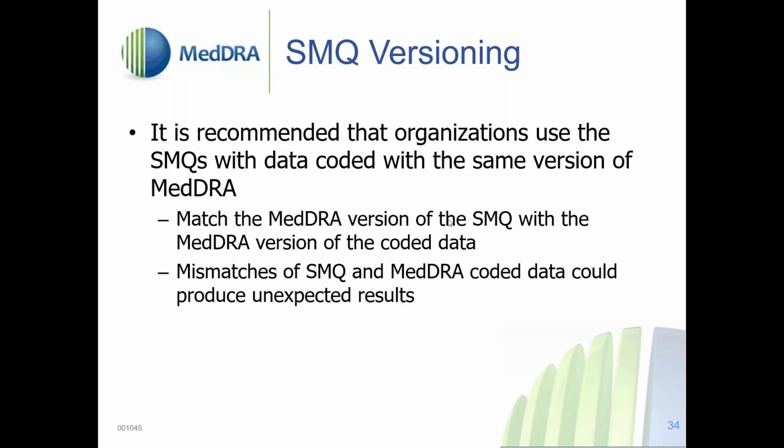And it's very important that you do not use an old SMQ on newer data, because if we add a more specific MedDRA term, for example, if we take breast cancer and there is an SMQ, we add a new term, a very specific one, HER2 positive breast cancer, for example.